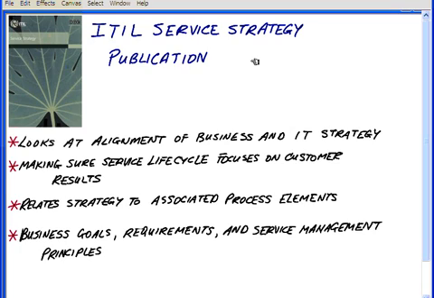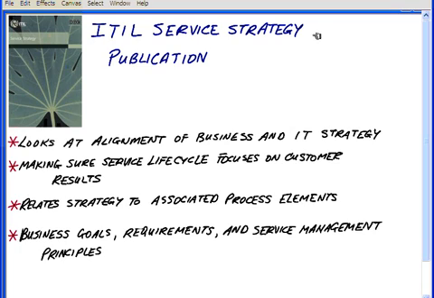The Service Strategy book is going to evaluate the alignment of business and IT strategy. This is really one of the main key focuses of change in ITIL version 3 over version 2, this focus on the alignment of IT and the overall business, the management of IT throughout the business complete life cycle, and the importance of creating business value through information technology, going beyond just the processes and the execution of processes.